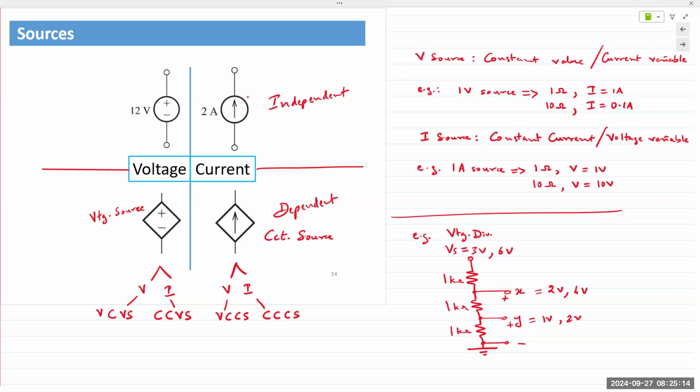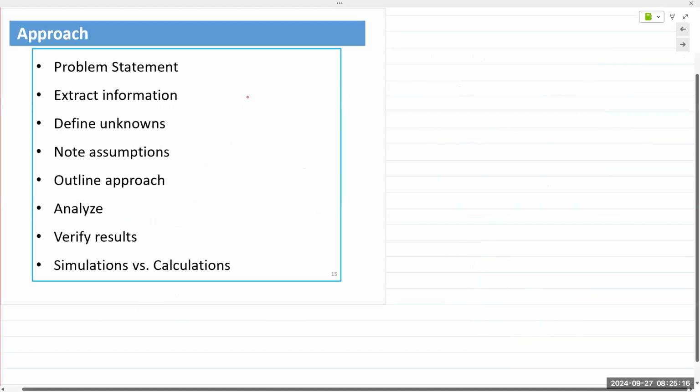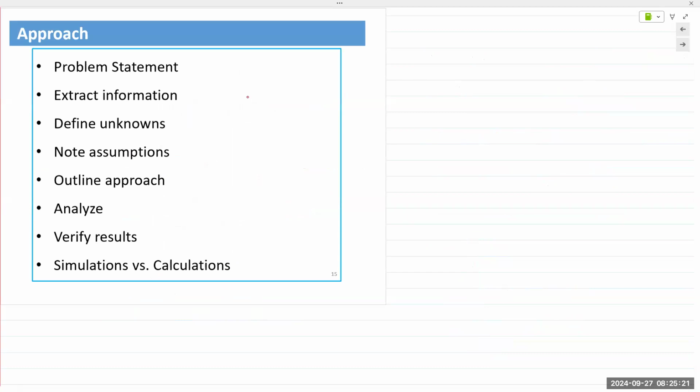Okay, all right, so this is also there in the book, and this is also something that I'm fond of using from several years. Your approach to analysis should always be like this. First, you would want to just read the problem statement, and extract as much information as you can from the given information. Especially for electrical engineers, a lot of the information would be in the circuit diagram.